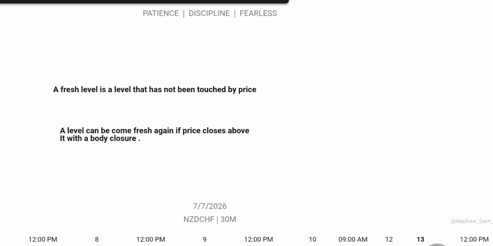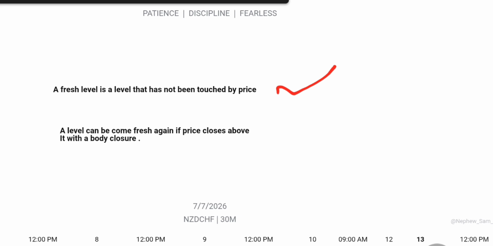There is still momentum in that key level, there is energy in that key level that is ready to be used up by price. So a key level that price has not used is considered a fresh key level. The opposite of a fresh key level is an unfresh key level.